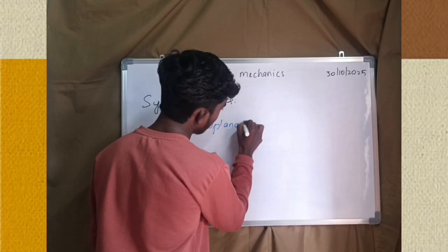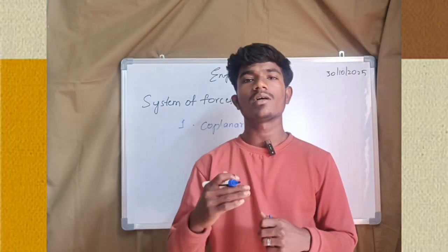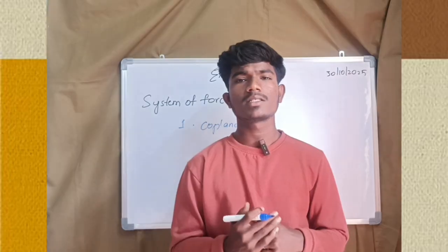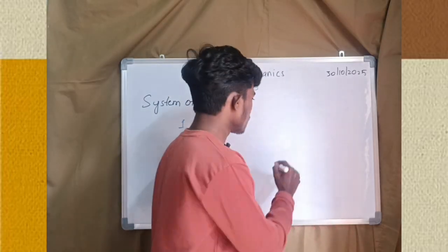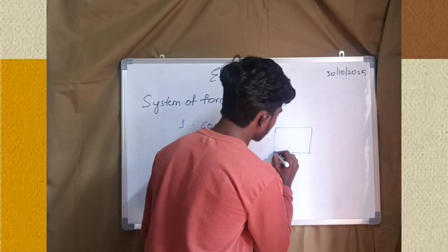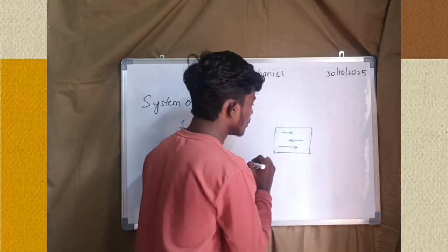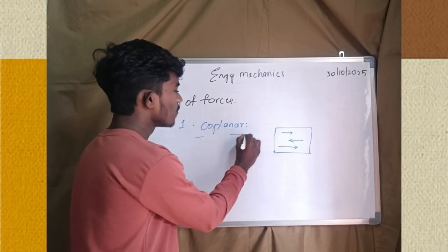Coplanar forces are the forces whose lines of action lie on the same plane. For example, this is the plane, and the forces acting on the plane are termed coplanar forces.